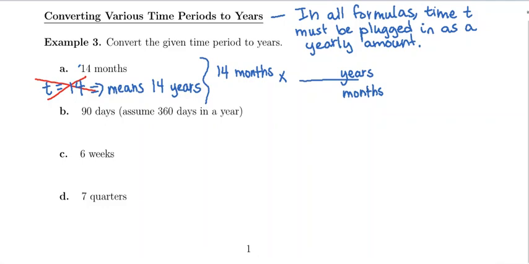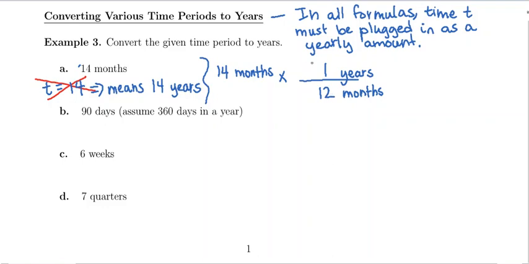Now, 14 months is our time period. We cannot change that amount of time. So since I'm multiplying 14 months by something, essentially I need to be multiplying by 1 so that I don't change the amount of time I was given. This is how your conversion factor works: 1 year is the same thing as 12 months.